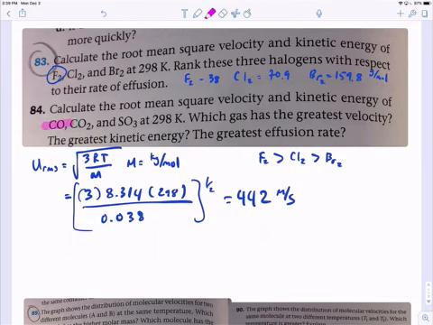So why don't you do it for carbon monoxide: carbon is 12, oxygen is 16, sulfur is 32. And the bottom one is in kilograms? Yeah.